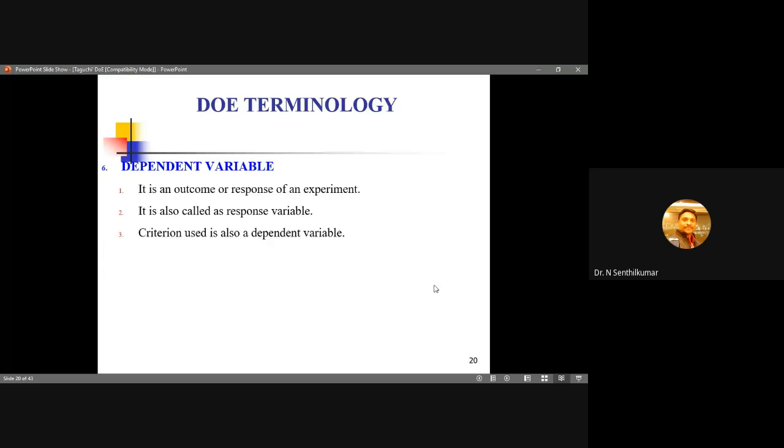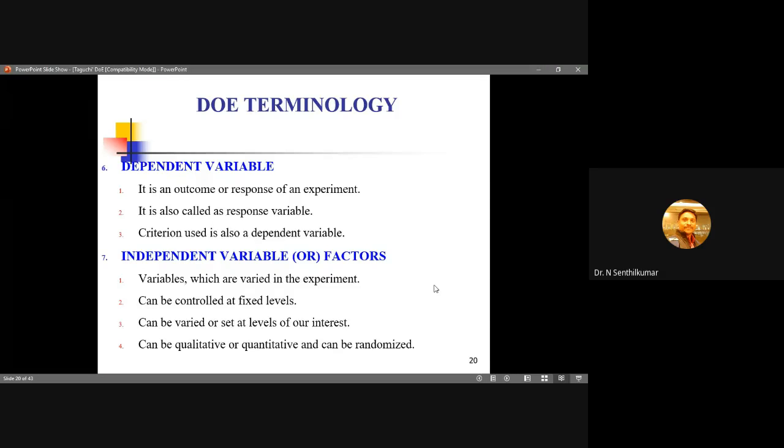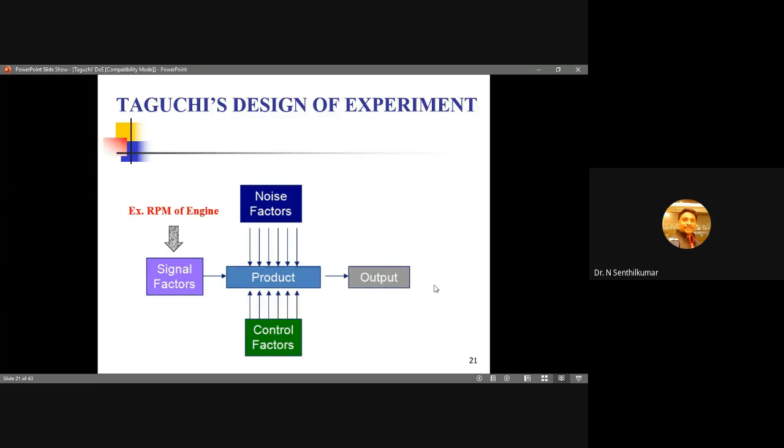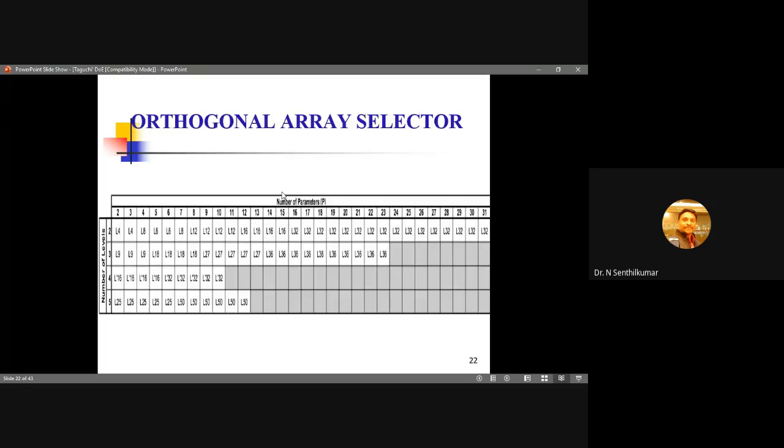Dependent variables are the output variables, and independent variables are the input variables, which are also called factors. Here we have the signal to the product, the control factors which I can control, the signal factors, and the outputs. I am unable to control the noise factors, so the noise factor should be as low as possible.